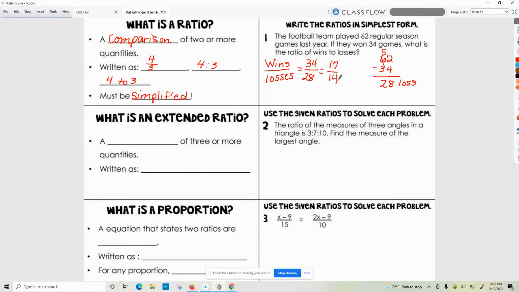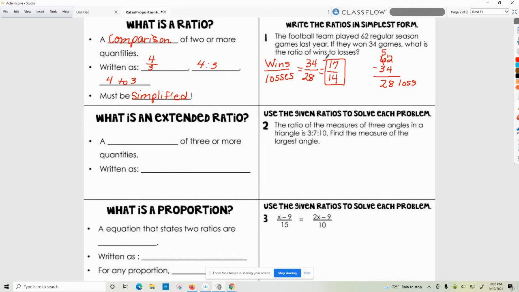And then I look to see if 17 over 14 will go any lower. And it does not. So my ratio of wins to losses is 17 to 14. They won 17 games to every 14 losses that they had.